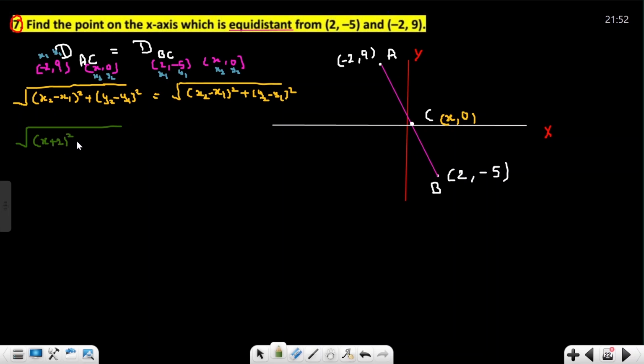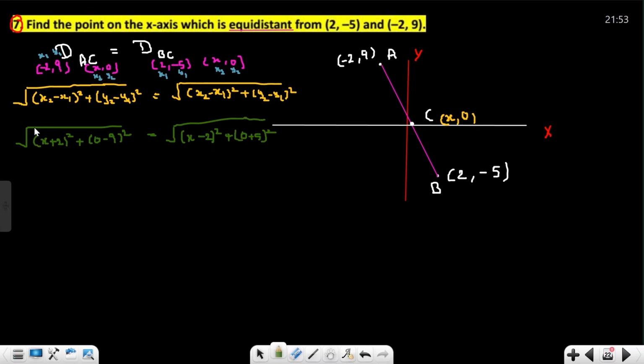I can write it directly; you can follow the steps. y2 is 0 minus 9, square, is equal to root of x2 is x minus 2 whole square plus y2 is 0 minus 5, it means plus 5 square.